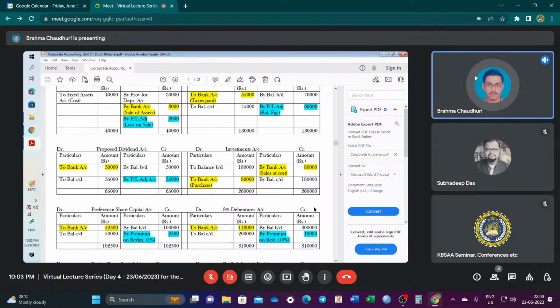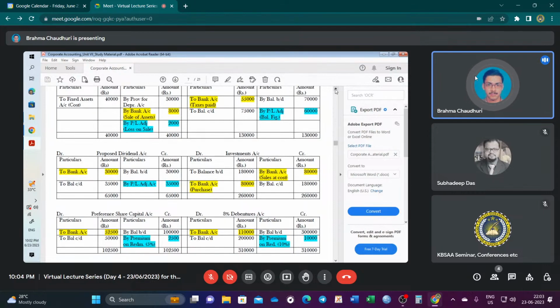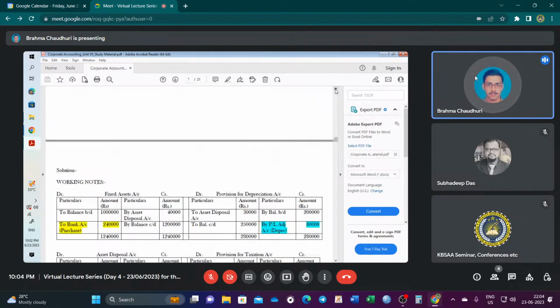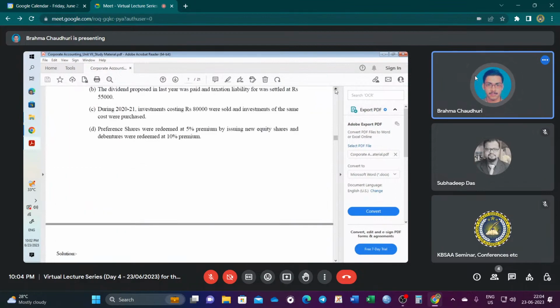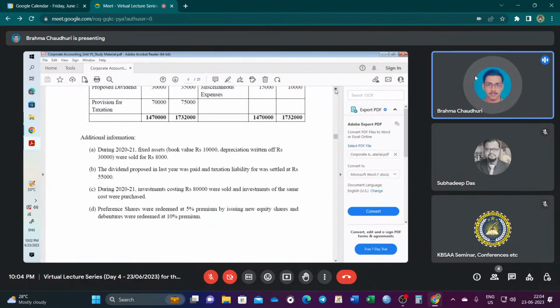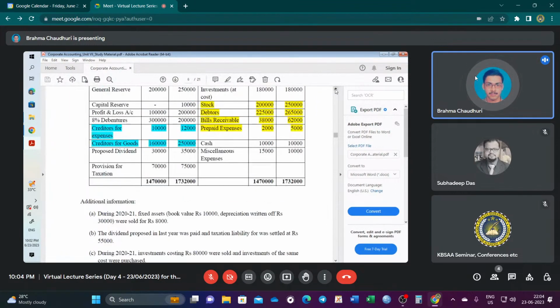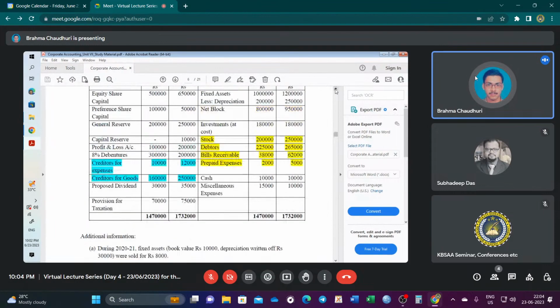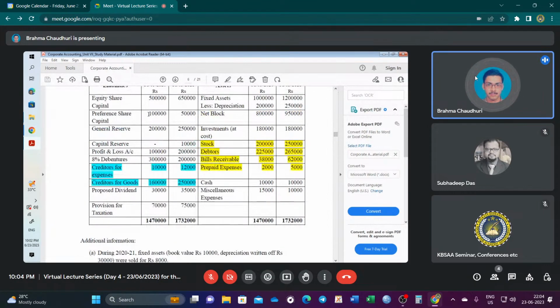Now we will focus on the critical aspect, that is the redemption of preference shares and redemption of debentures, before we go on to the next part, that is the cash flow statement. So far as the redemption of preference share is concerned, we will first of all prepare the preference share capital account. Preference share capital account, opening balance is 1 lakh and closing balance is 50,000.